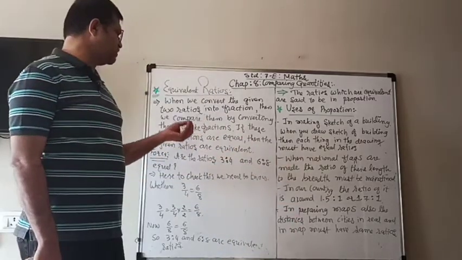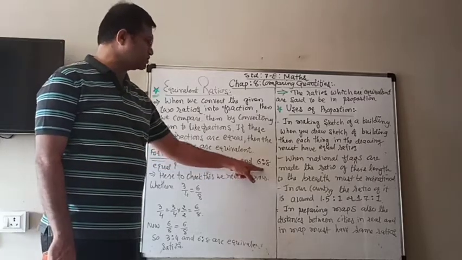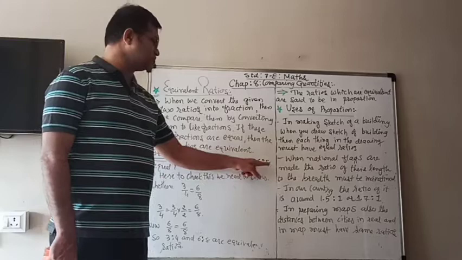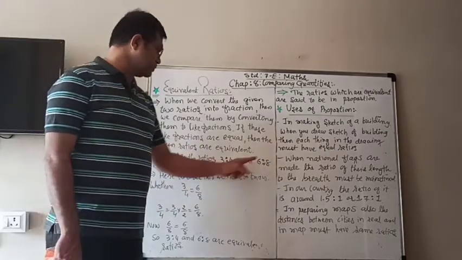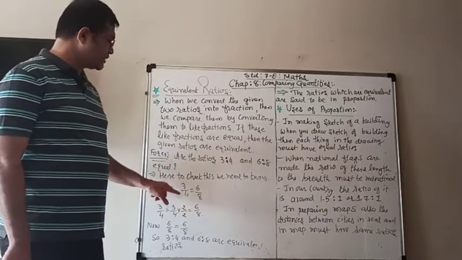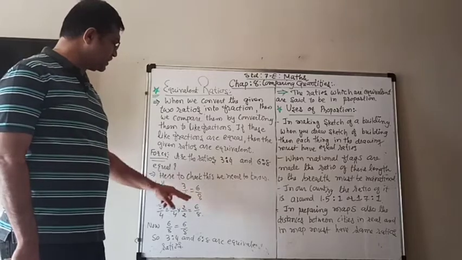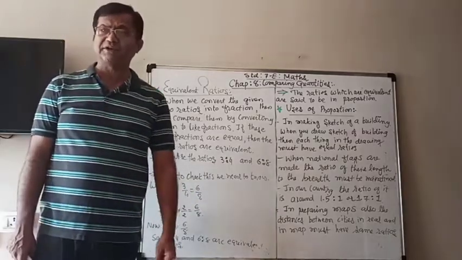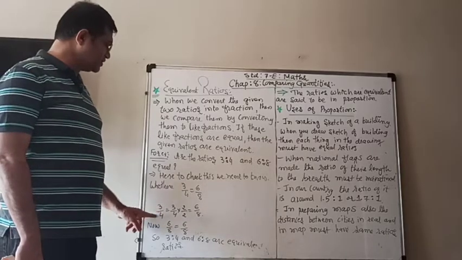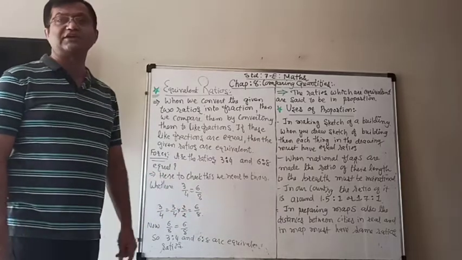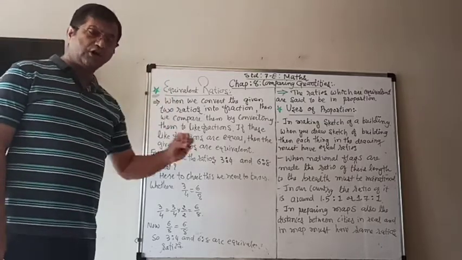Let us understand with an example. Here we have to consider two ratios, 3:4 and 6:8. So 3:4 is 3 by 4, and 6:8 is 6 by 8. We have to check whether they are equal. Here you can see that they have different denominators. So we convert 3/4 such that it will have the same denominator 8.